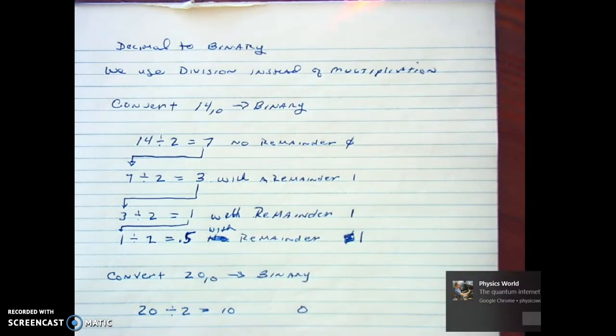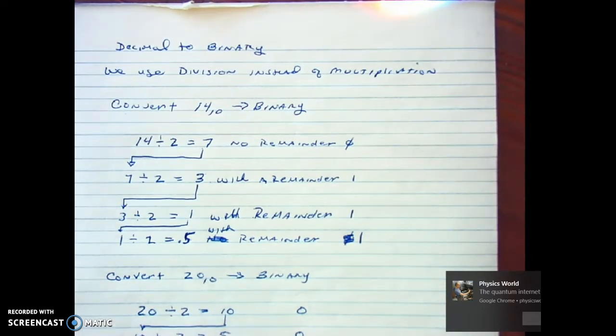And I'll explain to you what way this thing should look in a second here. So if we take this 10 and bring it down, 10 divided by 2 is 5. No remainder. So 5 divided by 2 gives me 2.5.